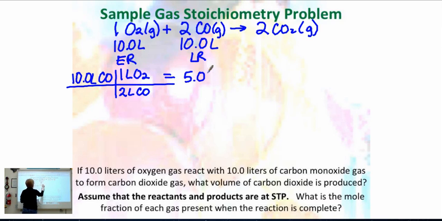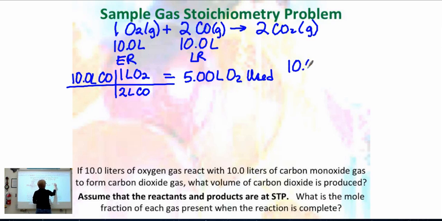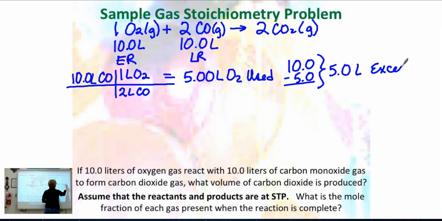That means 5 liters of O2 are used. We have 10 minus 5. That makes 5.0 liters of excess O2 when the reaction is complete.